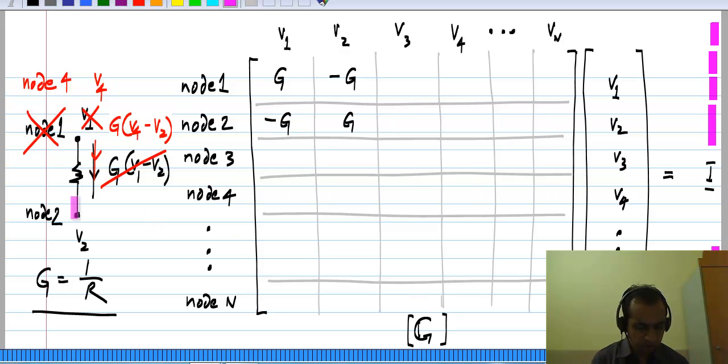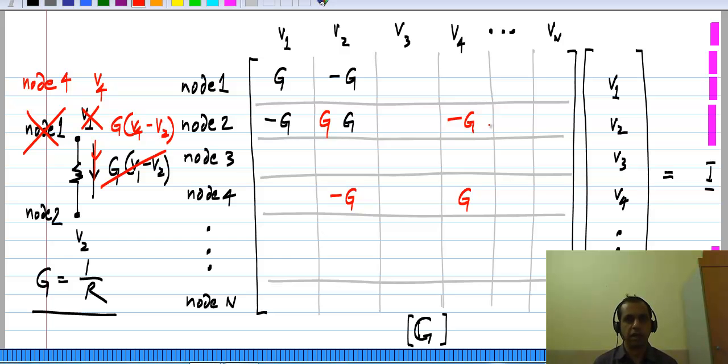The current flowing away from node 4 is G times V4 minus V2, so we would have G times V4 minus G times V2. The current flowing away from node 2 is G times V2 minus V4. So I'll have, instead of this G, I will show it in red, G times V2 minus G times V4.